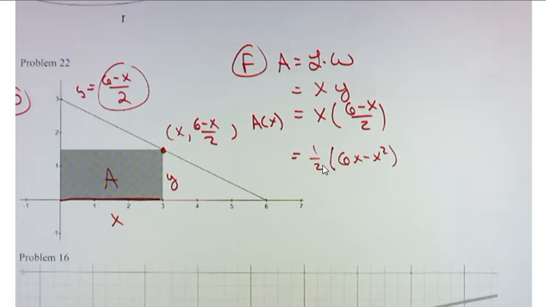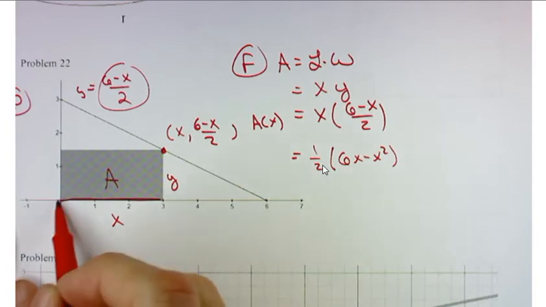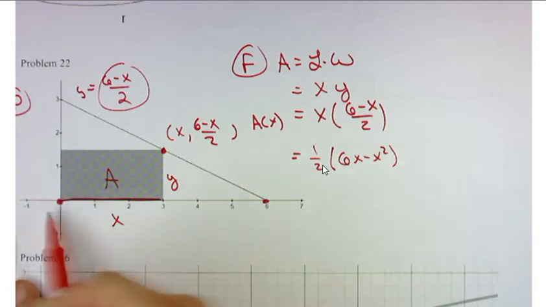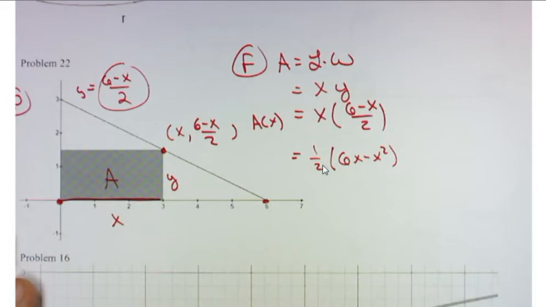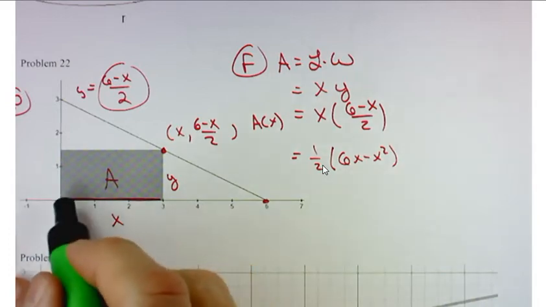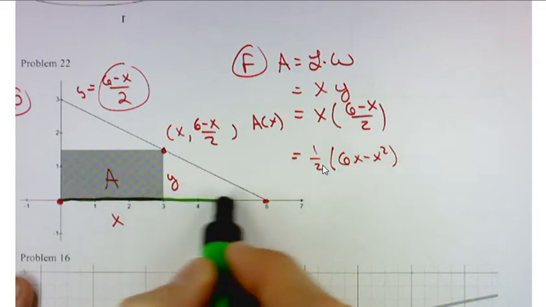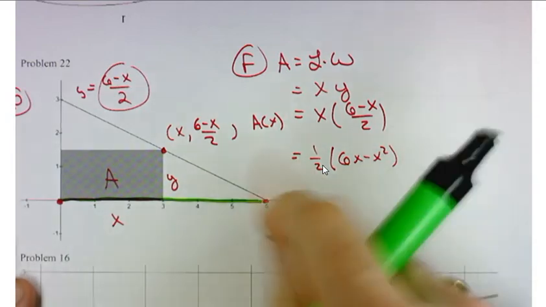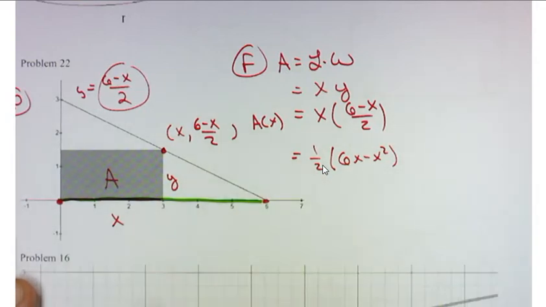Picture, function. What's next? Victoria? Interval. Good. So what's my restriction on x? What can x go between? Yeah, 0 to 6. It has to be somewhere in here. Outside of this, you're not forming a rectangle anymore, not at least in the first quadrant. To the left of that, same thing.